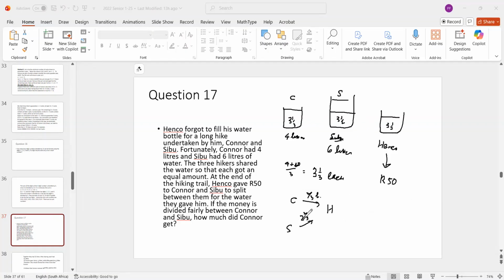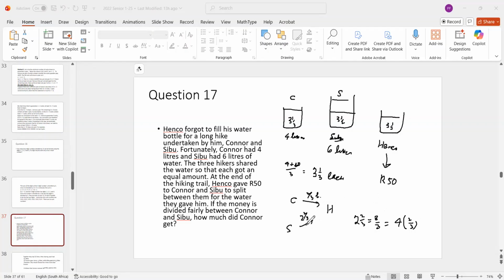So that's how the 2 and 2/3 plus 2 and 2/3 made up 3 1/3. But now you'll notice that this 2 2/3, 8/3, is actually equal to 4 times 2/3.